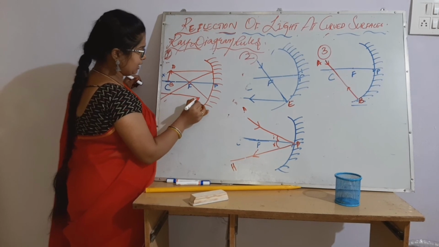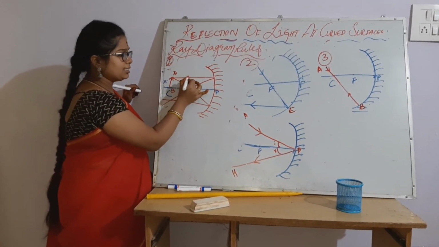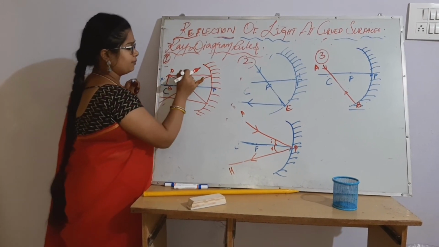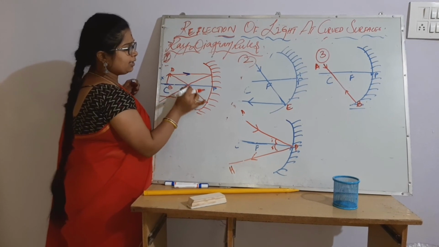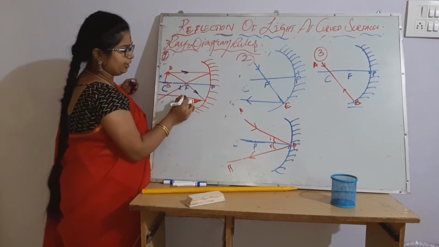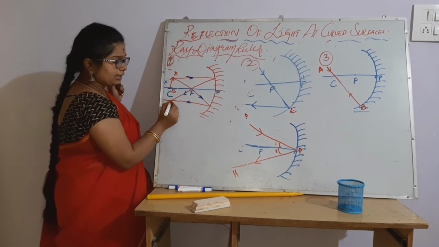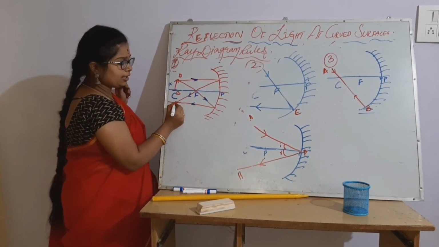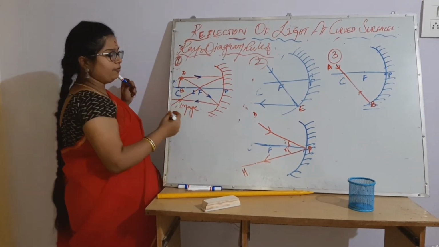This is one ray, incident parallel to the principal axis, passing through the focus. Another ray passes through the focus and goes parallel to the axis. These two will meet at which point? This point. So here the image will be formed.